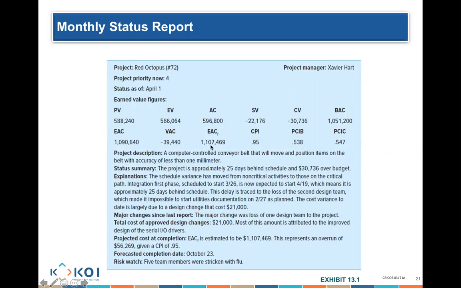Estimate at completion is supposed to cost me more money than what we expected. So my estimate versus the budget, it's basically costing me much more money. And my estimate at completion forecast, what I'm forecasting the project is going to cost me, is more than what was originally estimated.